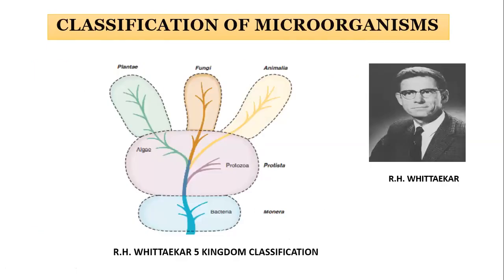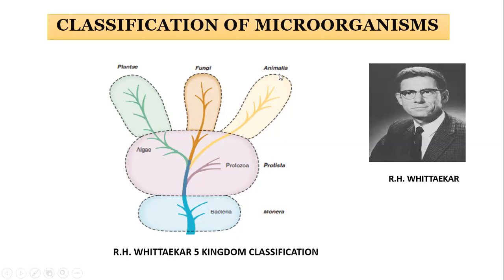R.H. Whittaker proposed the five kingdom classification based on their mode of nutrition. They are kingdom Monera, that includes bacteria and cyanobacteria. Kingdom Protista includes protozoa and lower algae. Kingdom Plantae includes plants and higher algae. Then fungi, which includes both unicellular yeast and multicellular molds.